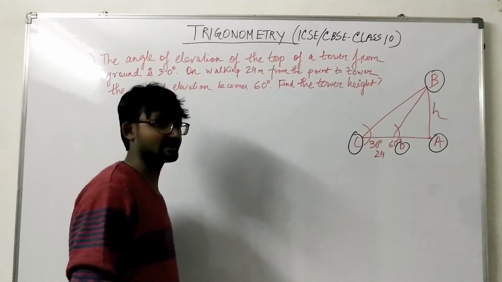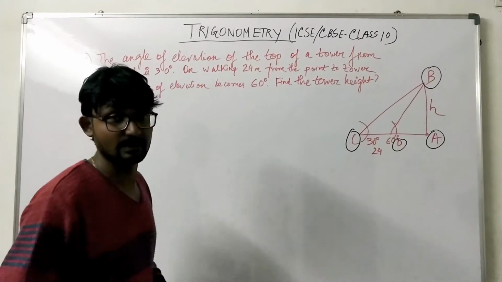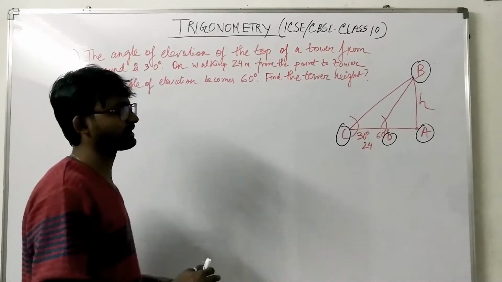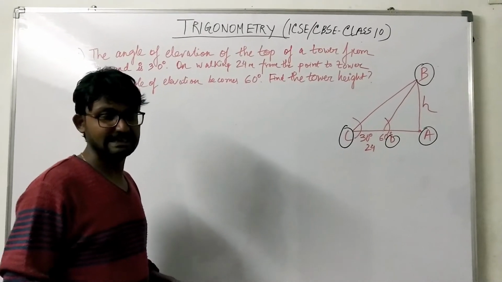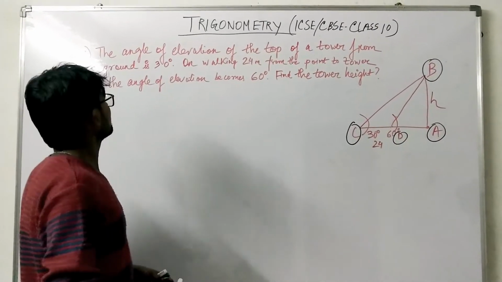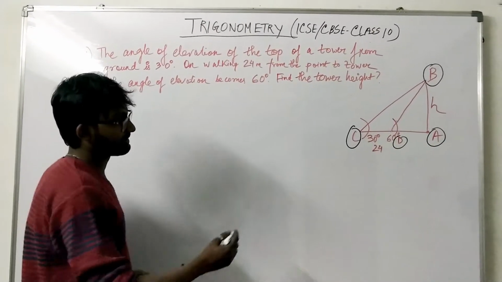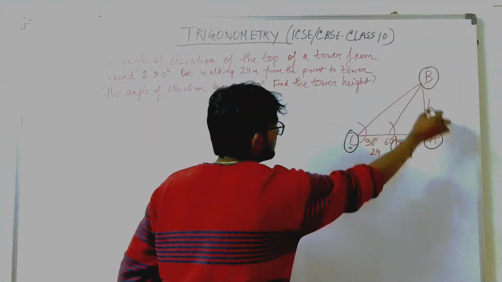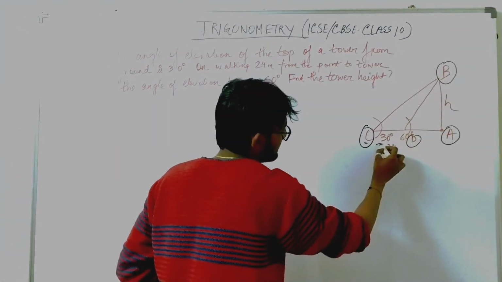So coming to the next problem, you can note down the problem as well by pausing the video, the previous one as well. Now I'm coming to a problem with a little more detail. The angle of elevation of the top of a tower from the ground is 30 degree. So from this ground point C, the angle of elevation of this tower, that is BA, is 30 degree.